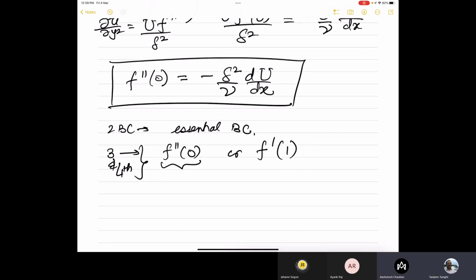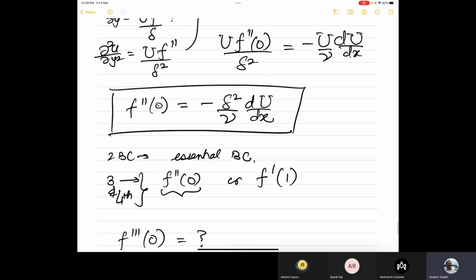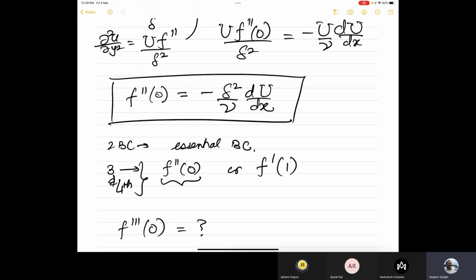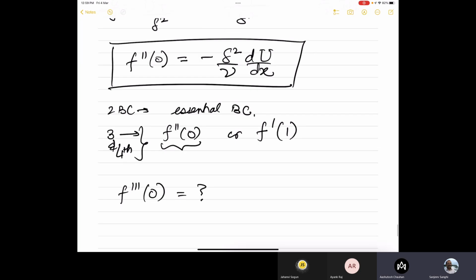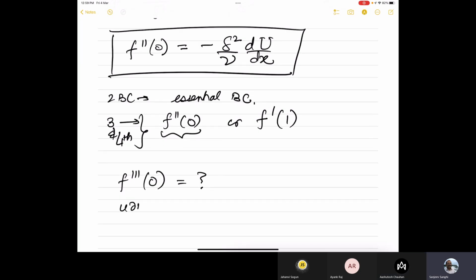Now, after this, can I find f triple prime 0? Let me just finish this and then I'll take your question. Can we find f triple prime 0? How do we find that? We will differentiate the x momentum equation.